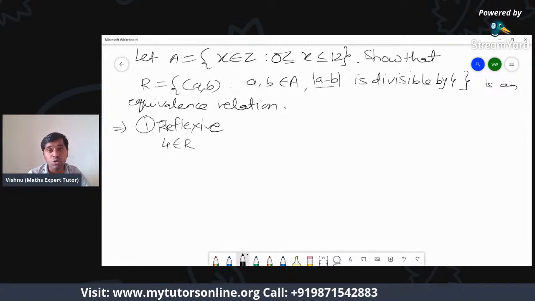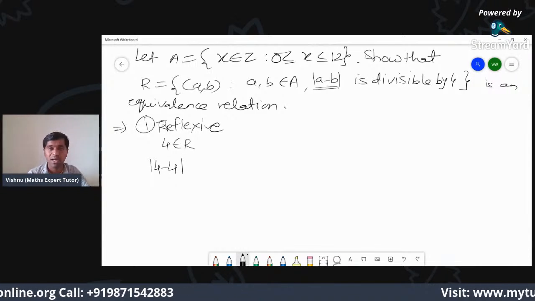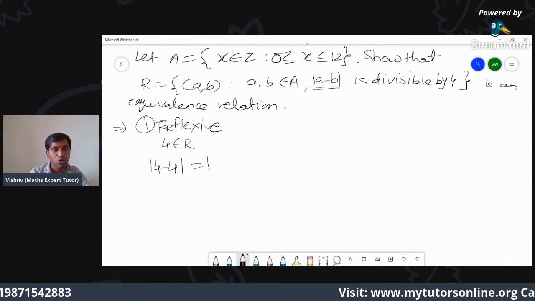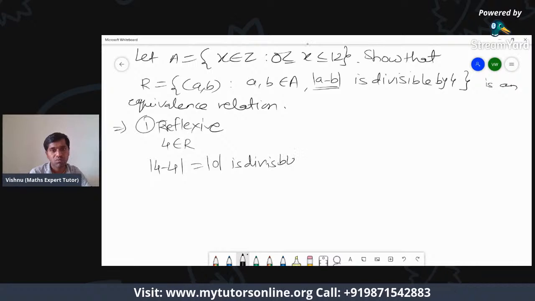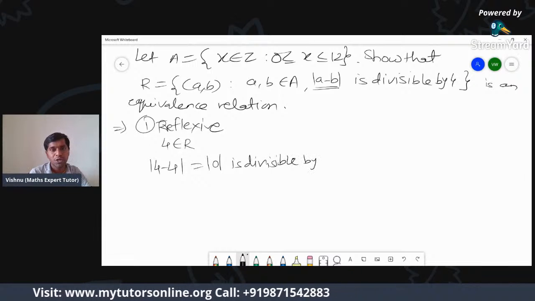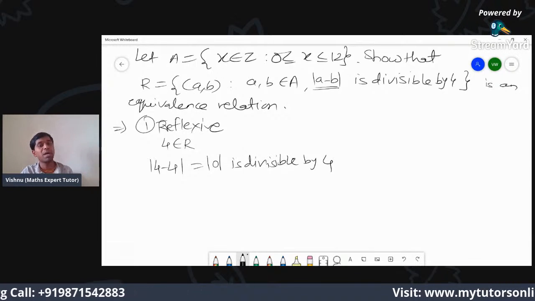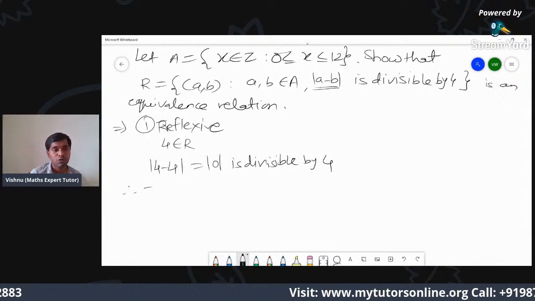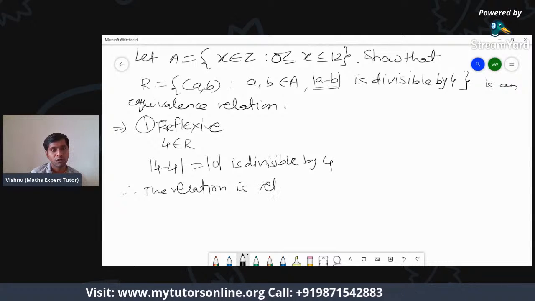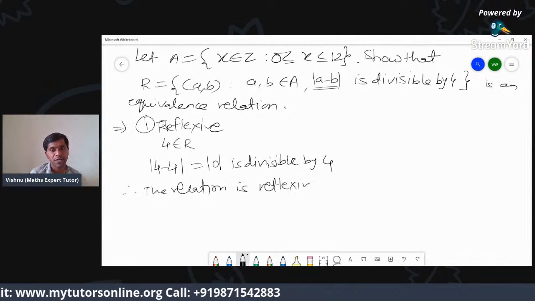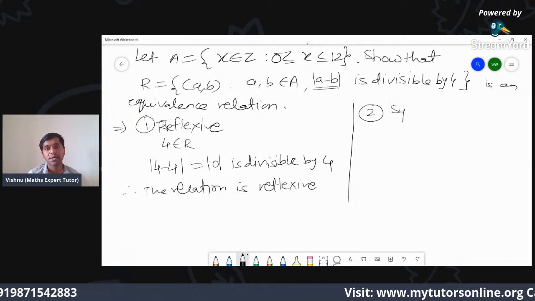According to that, |a - a| becomes |0|, which is divisible by 4. Yes, 0 is divisible by any real number. Therefore, the relation is reflexive.